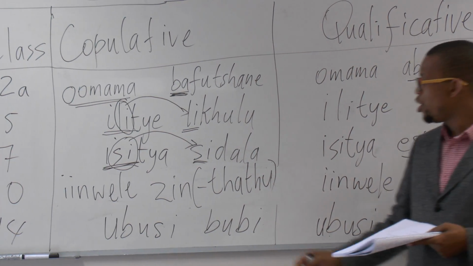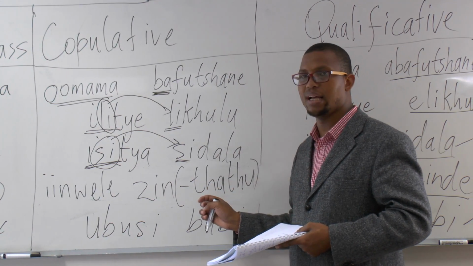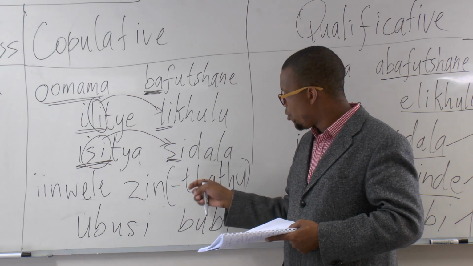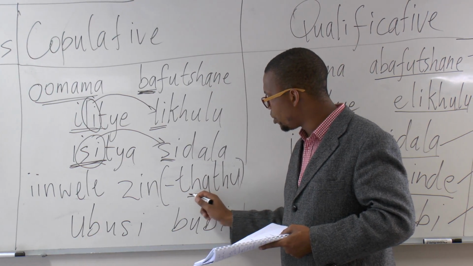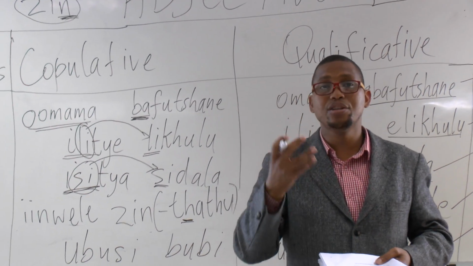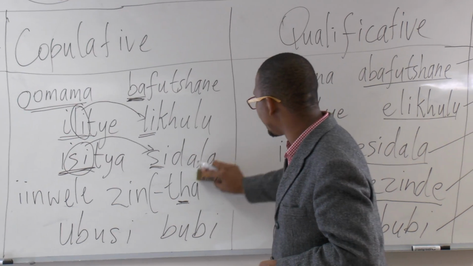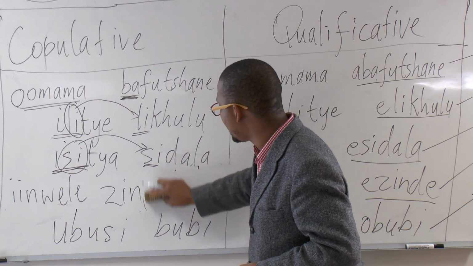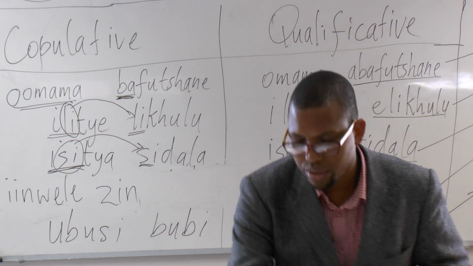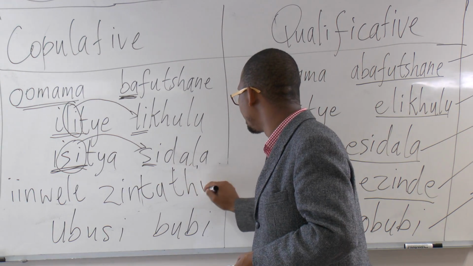When N is followed by TH in Xhosa, what happens is that we drop the H. This H falls away. We can't say it as in tattoo in Xhosa. Then we need a sharp sound, which is going to be inwele zi tattoo. There you go.